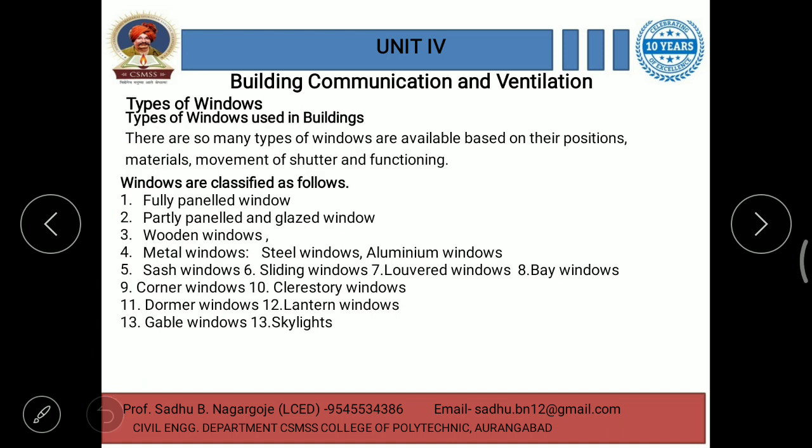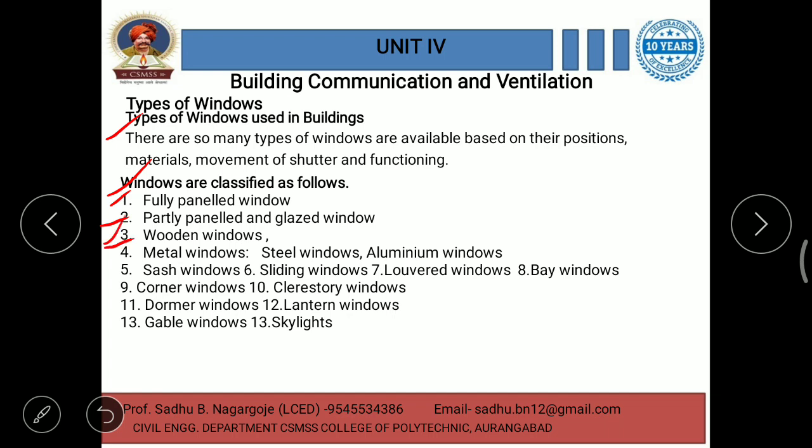Then the types of windows used in building. There are so many types of windows available based on their positions, materials, movement of shutter and functioning. So we'll see some basic types. Windows are classified as these: fully panel windows, partly panel and glazed windows. Third, wooden windows.